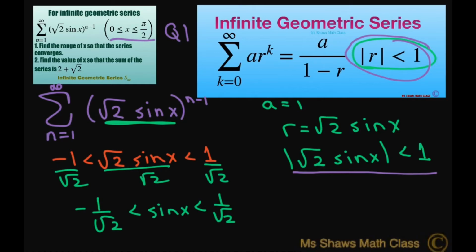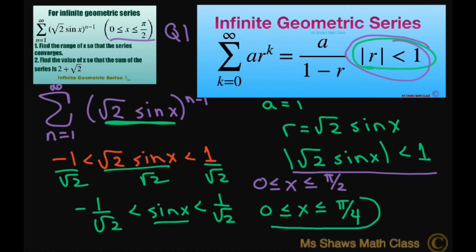Since x is greater than or equal to 0 and less than or equal to pi divided by 2, for this to be true, my x has to be greater than or equal to 0 and less than or equal to pi divided by 4, because sine of pi divided by 4 is 1 divided by square root of 2. So this is where it converges.